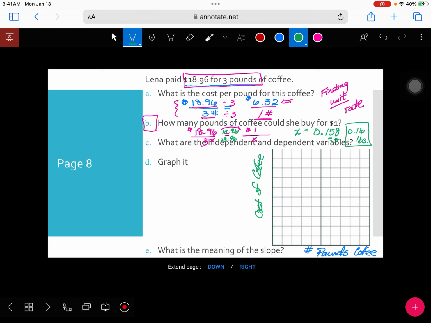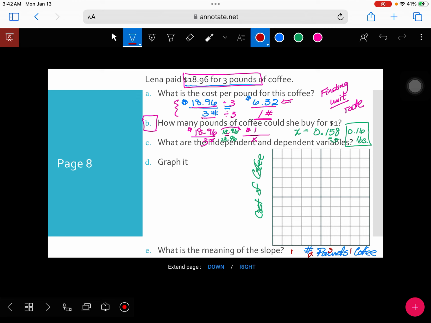So the two things that I know right now, let's see here. Cost of coffee, pounds of coffee. So we have 3 pounds here, and we have some dollars. So I'm going to say we're going to put every 2 is a pound. So there's 1 pound, here's 2 pounds, and there's not much room.